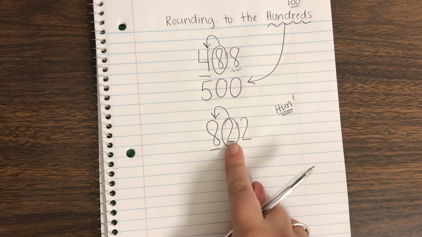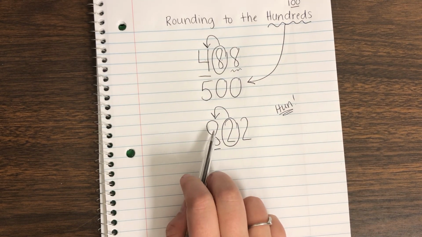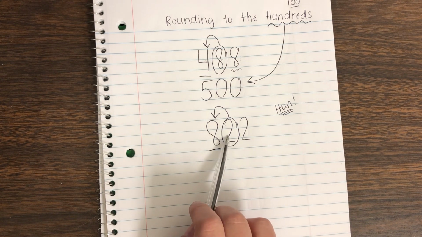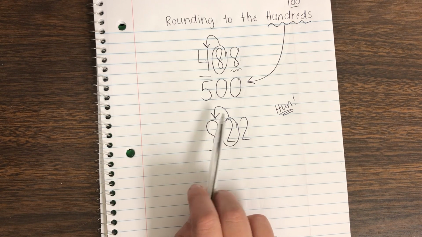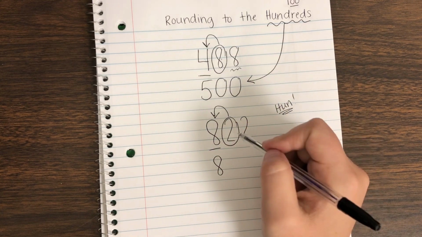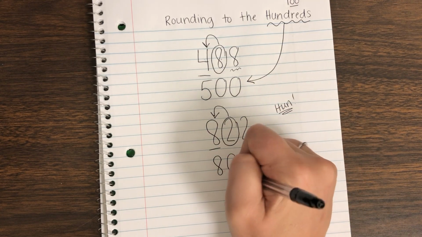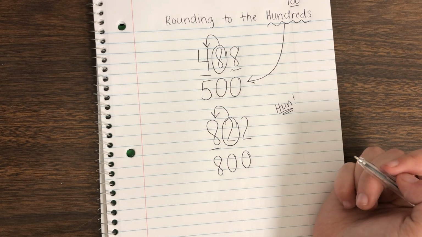Is this 4 or less to let this rest? Or is this 5 or above to give it a shove? Is 2 4 or less, or is 2 5 or above? 2 is 4 or less, so we're going to let that 8 rest. He gets to stay an 8. And the 2 becomes a 0, and this 2 also becomes a 0 to round it to 800, okay?